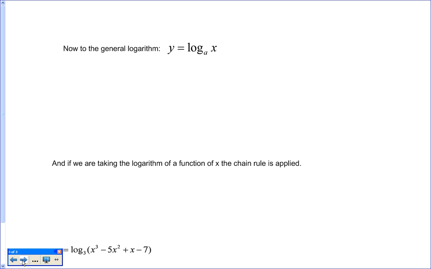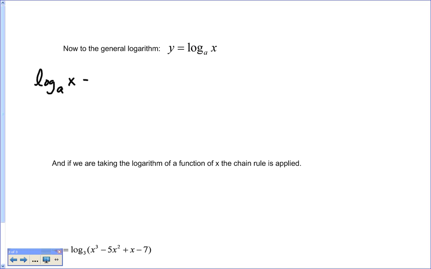If we move on to general logarithms where the base is some number, a, like a base of 5, a base of 4, a base of 8, a base of 12, they're all going to work the same way. Let's see, we have the log base a of x. Well, there's no base a logarithm key on our calculator, so we're going to change the base.